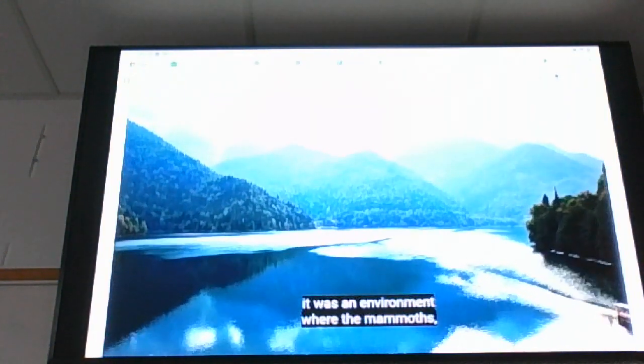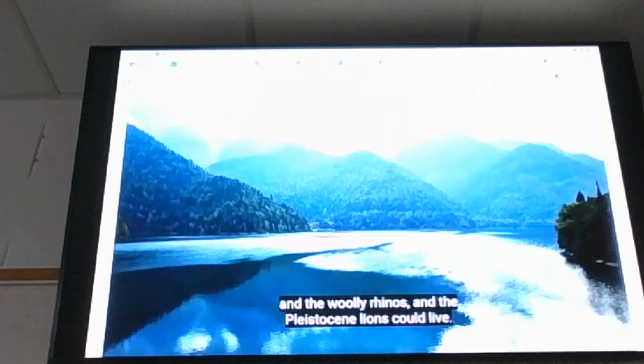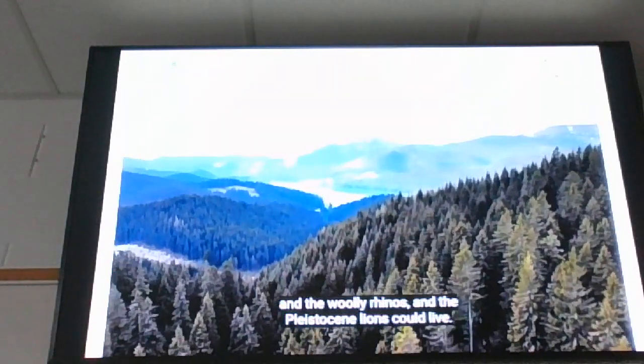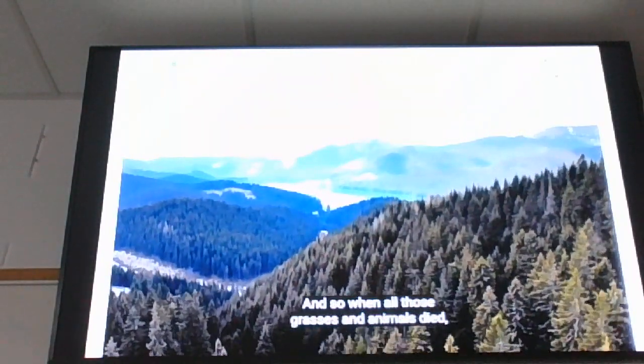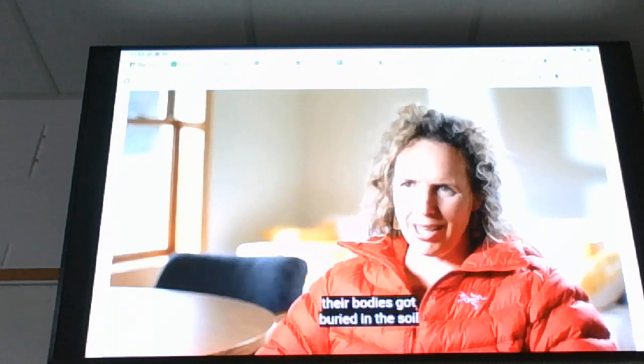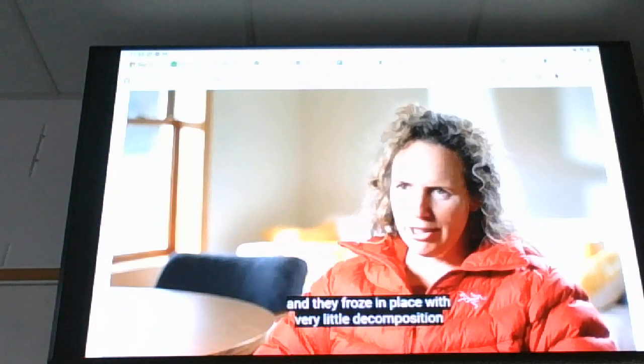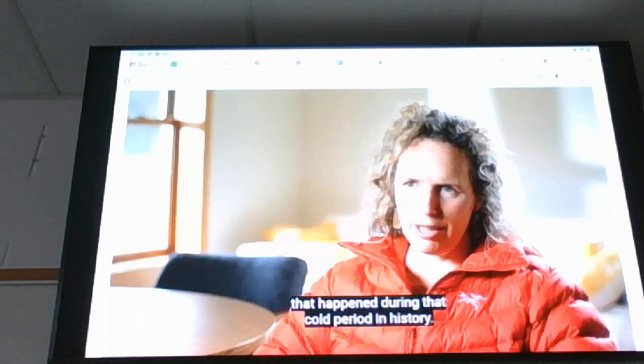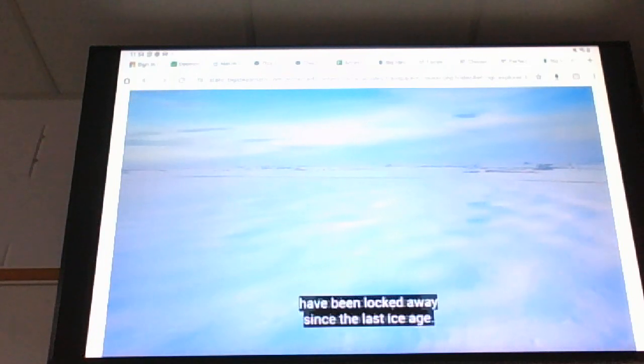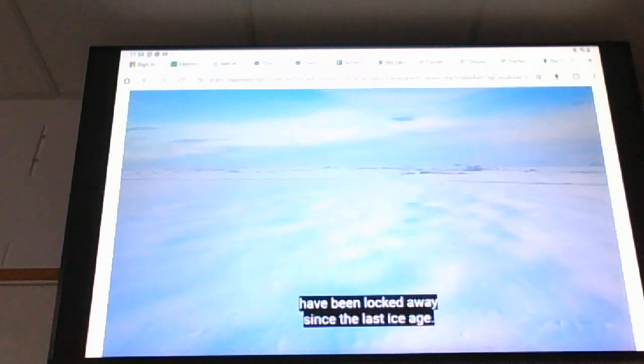It was an environment where the mammoths and the woolly rhinos and the Pleistocene lions could live. When all those grasses and animals died, their bodies got buried in the soil and they froze in place with very little decomposition during that cold period in history. So the dead plant and animal remains have been locked away since the last ice age.